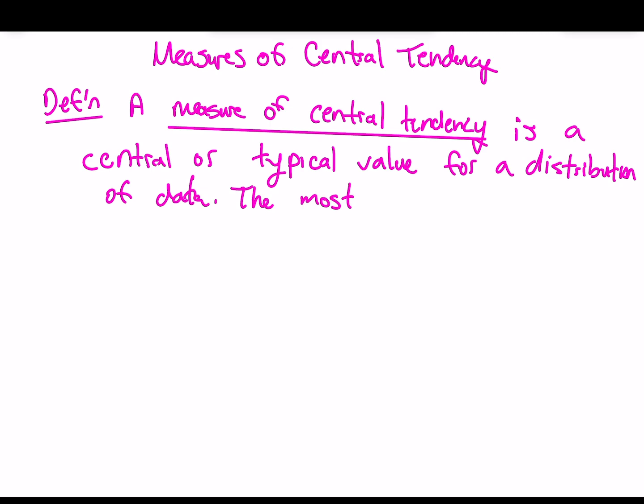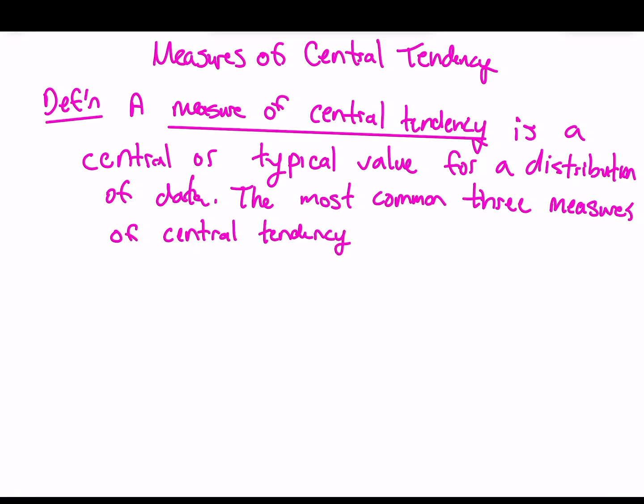The most common three measures of central tendency are the arithmetic mean, the median, and the mode.